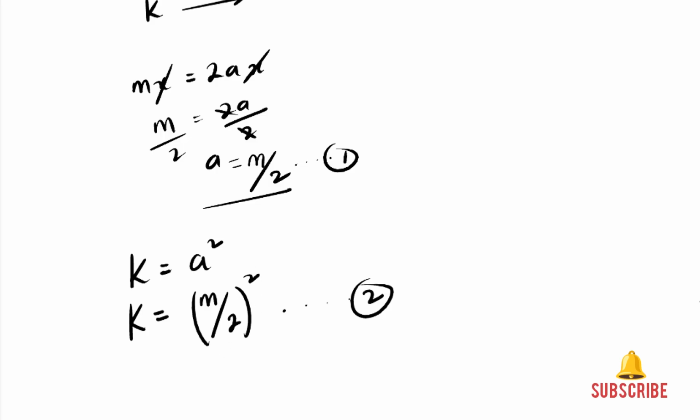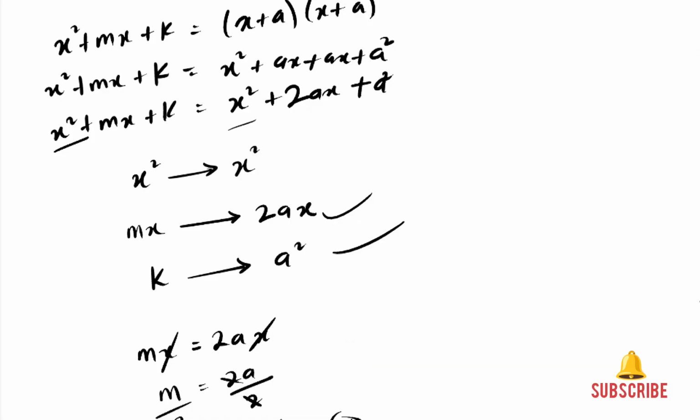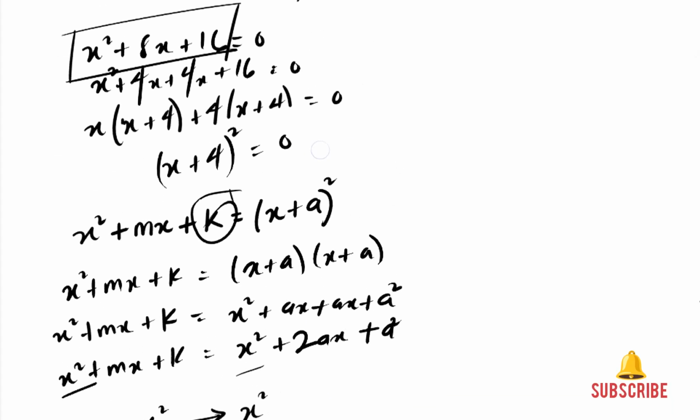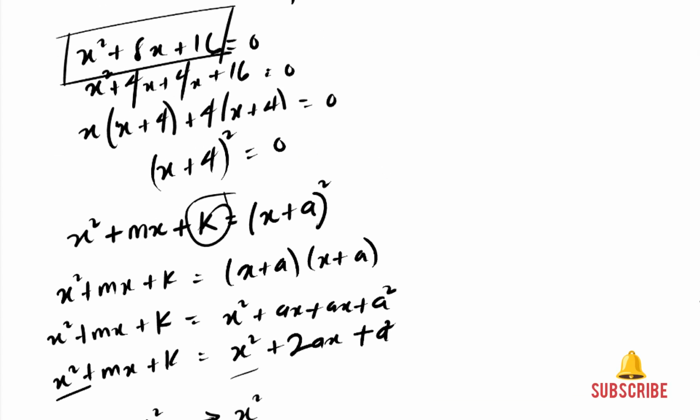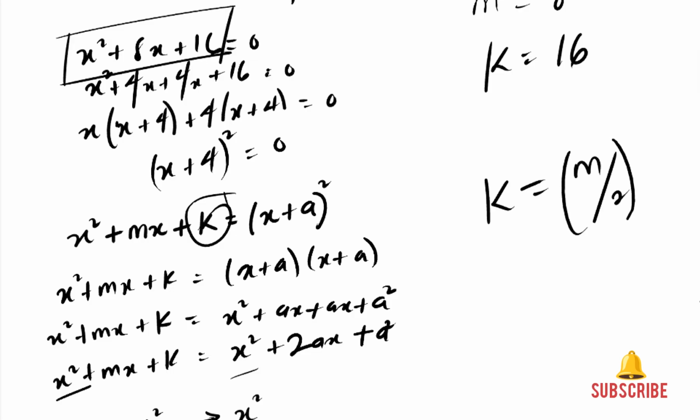Okay, can we try it for the first question we did? Okay, we had x squared plus 8x plus 16 equals to 0. This 8 here is our m, and then 16 is our k. So let's try it. It says k is always m over 2 all squared.